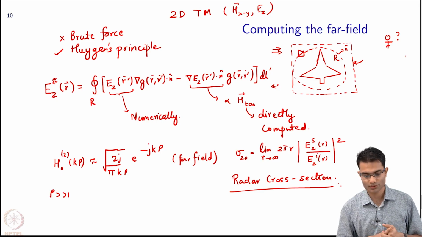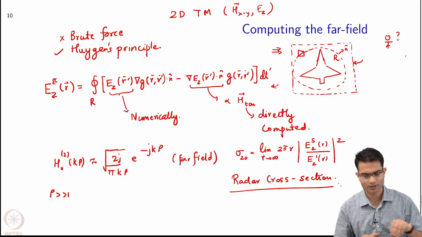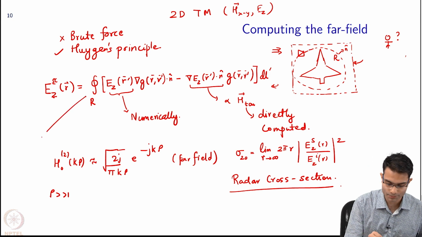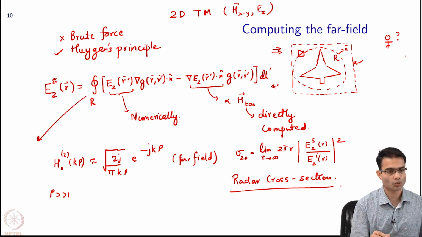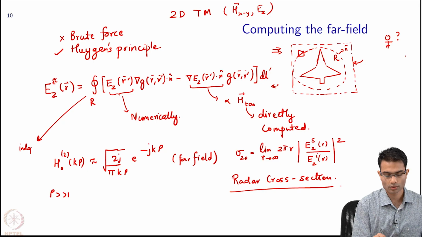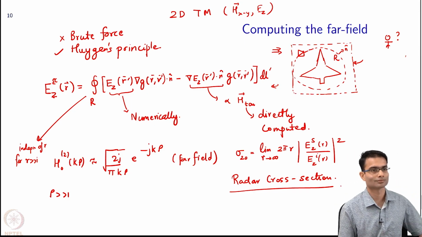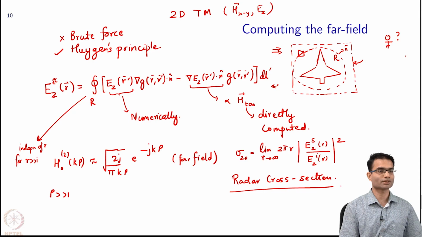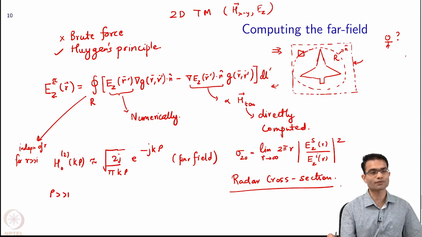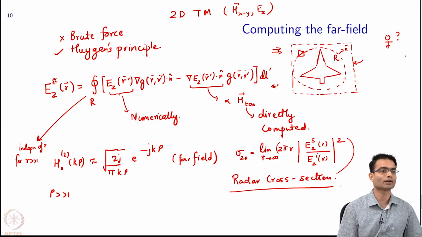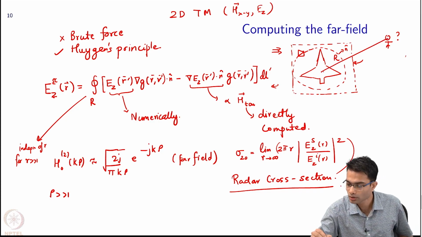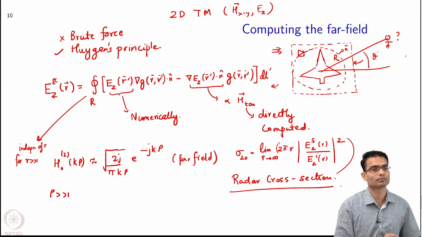Well, this was part of one of the assignments earlier. If you calculate this expression, this would turn out to be independent of r for very large r. So it does not matter. You do not have to put anything. The expression for RCS will turn out to be independent of r. It will only depend on this theta.